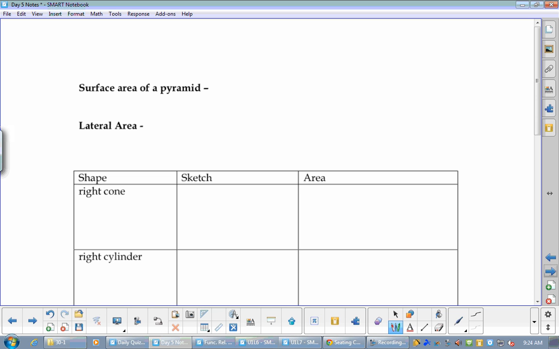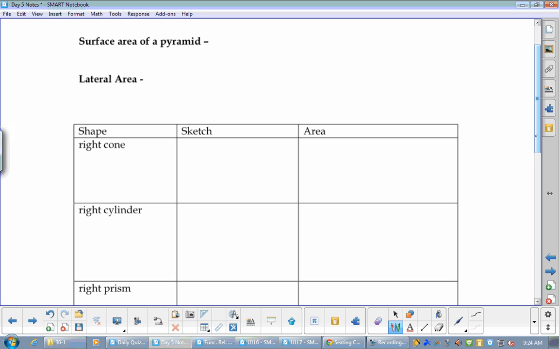Okay, surface area of a pyramid. It is the sum of the areas of the triangular faces and the base.